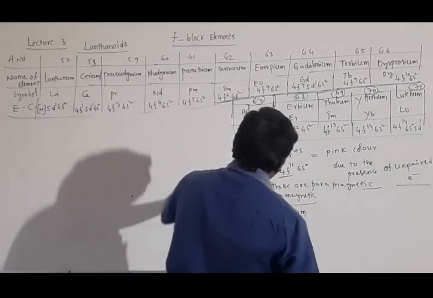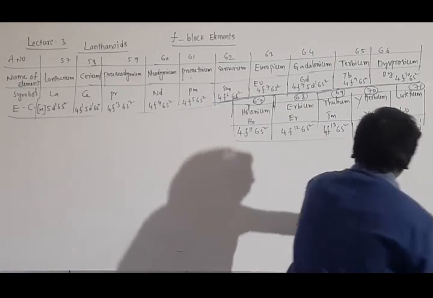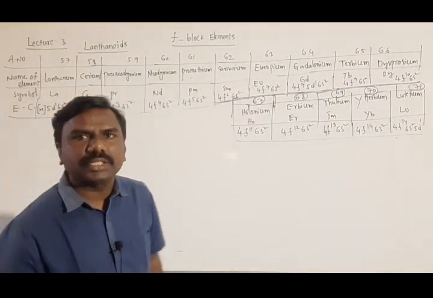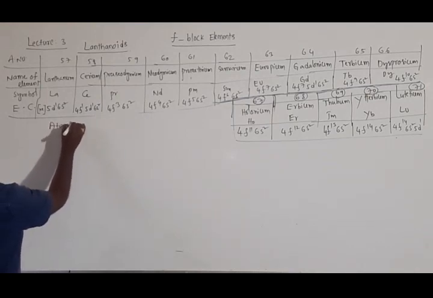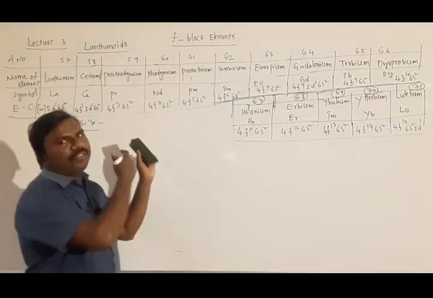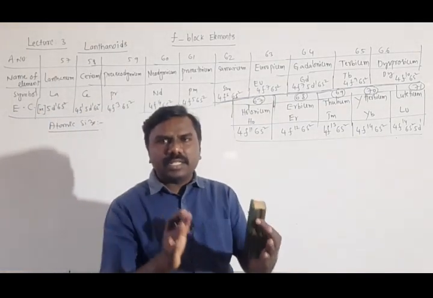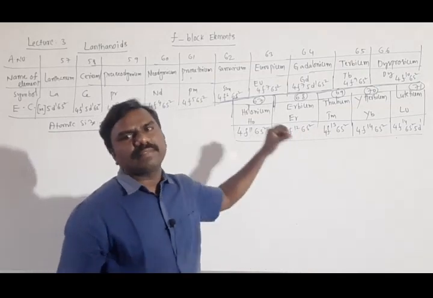We studied already atomic size, atomic radii, lanthanoid contraction, that is okay. So atomic size is also called atomic radii. Generally left to right size decreases because the differentiating electron enters the same subshell, that is the f subshell.